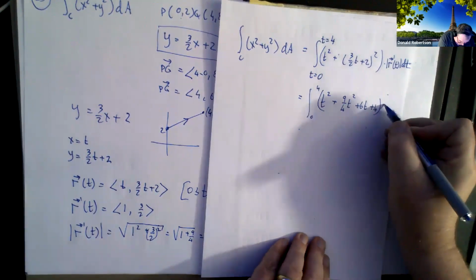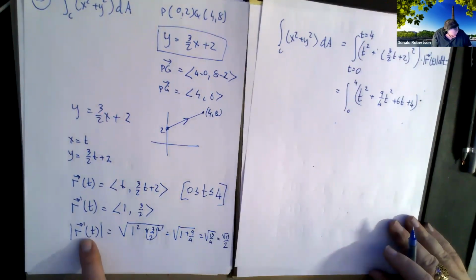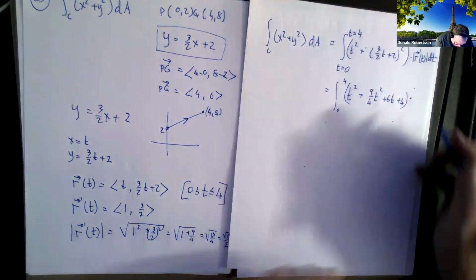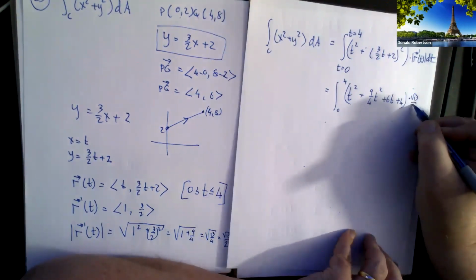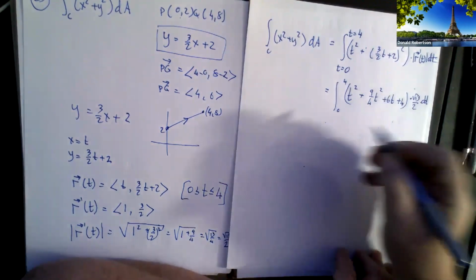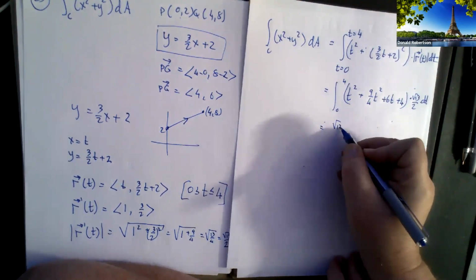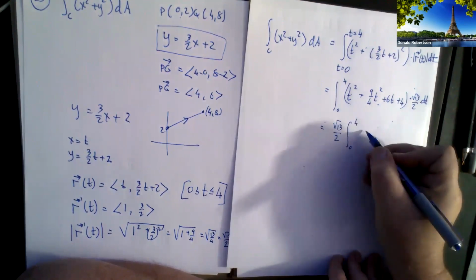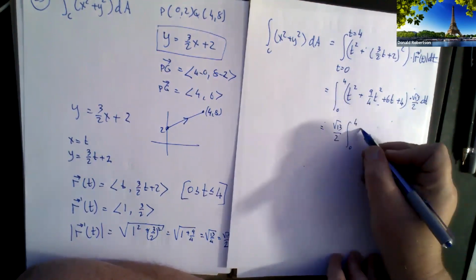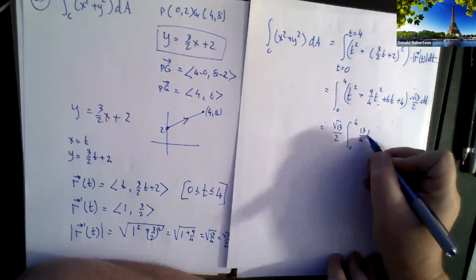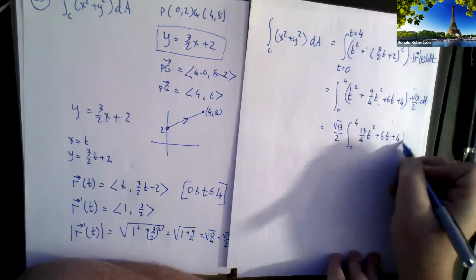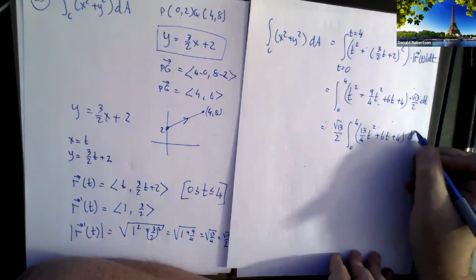The magnitude of the line segment is root 13 over 2 dt. And I'm going to pull out the root 13 over 2. And I'm going to combine this guy and get 13 quarters t squared plus 6t plus 4 dt.